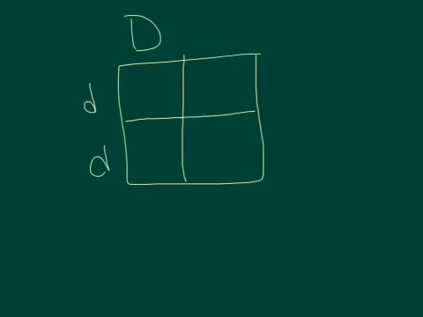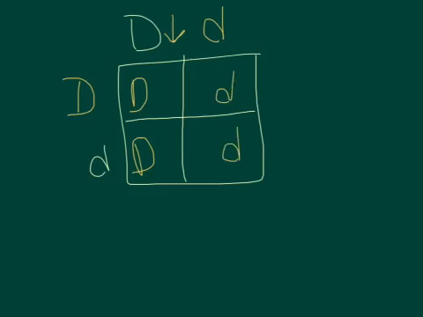If I have a hearing dog that is heterozygous and a deaf dog, I will get half hearing, half deaf. But I want to look at, if I have 2 hearing dogs, how can I get a deaf dog? So I'm going to try this, where I have a heterozygous female and a heterozygous male, and see what we get there. So I'm going to copy my D's down. And my D's across.